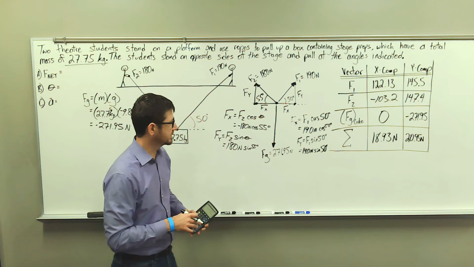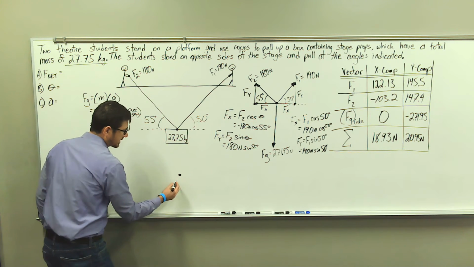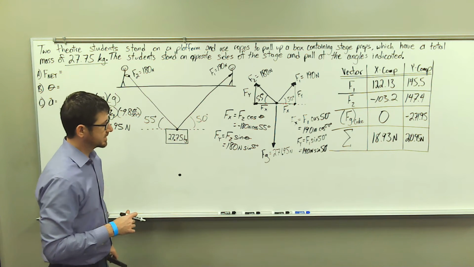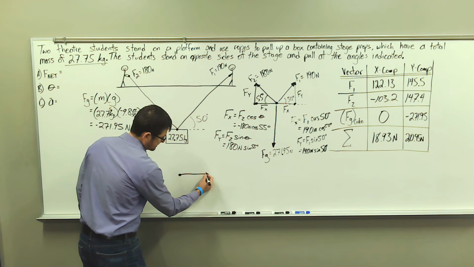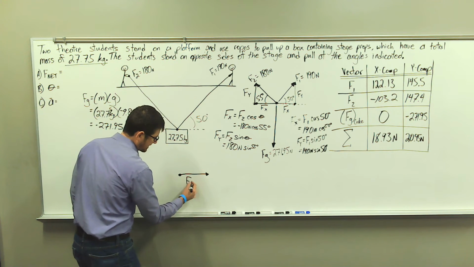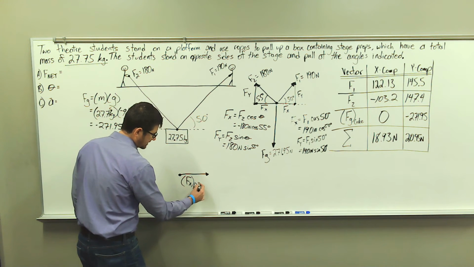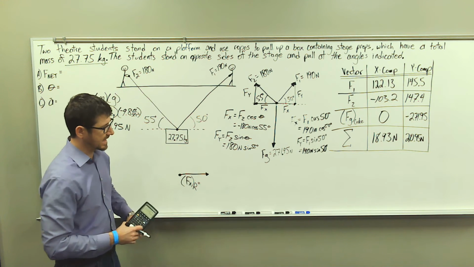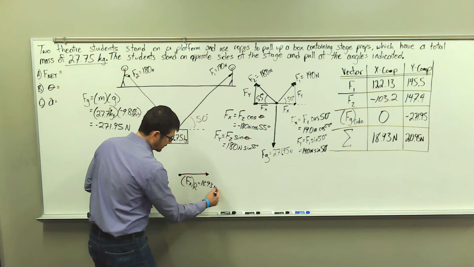All right, so we need to draw a new right triangle based on the sum of my x and y components. I'm going to draw a point. This is going to represent my origin. In the x direction, I'm going to label this as my x component of my resultant vector, F sub x sub r. This is 18.93 newtons.